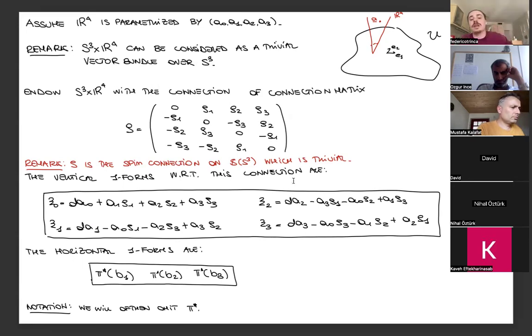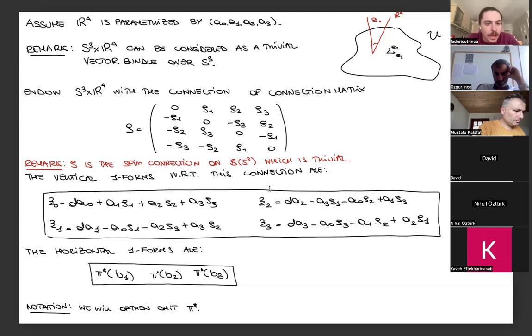Similarly, you can see the form of c2 and c3. The horizontal one forms, on the other hand, are just the pullback of β1, β2, β3, the coframe that I have defined on S^3. And from now on, we will omit the p star because this is just going to be annoying.